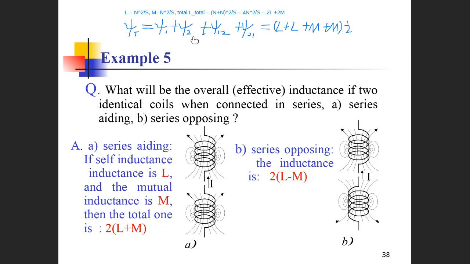You can change the directions here and here, right? When opposite, minus and minus, because of the directions. In practice, we can use this to make a big resistor with small inductance.